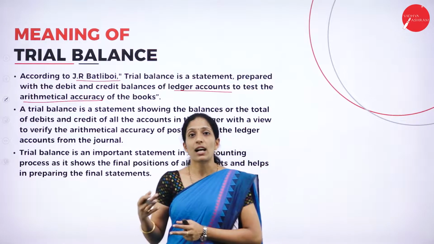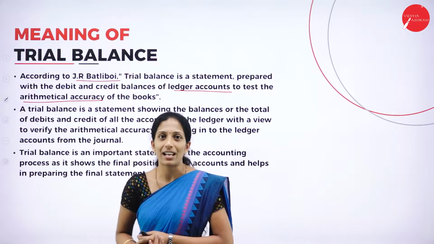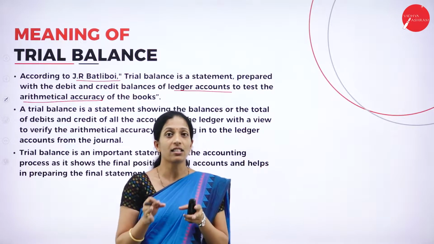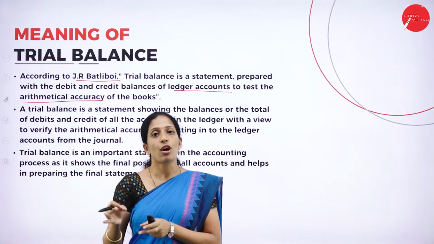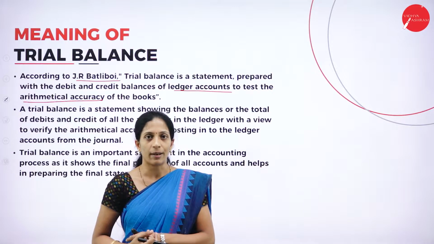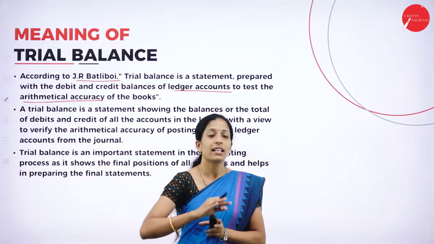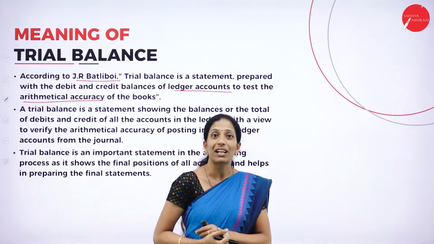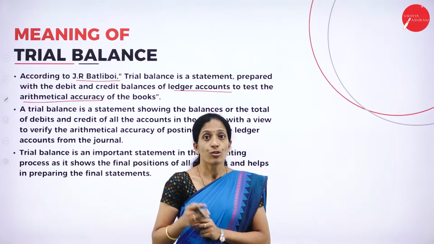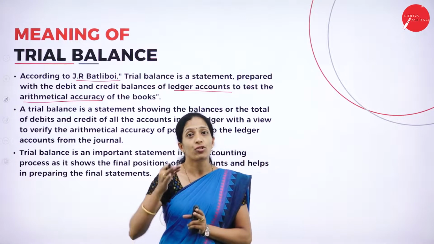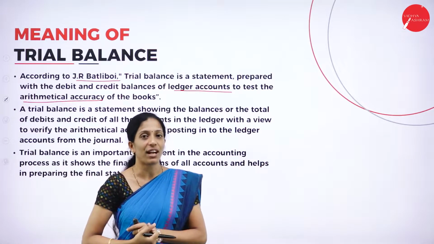Suppose our ledger account is not correct, then our trial balance will not get tallied. That is, the total of the debit column will not be equal to the total of the credit column. It is very difficult for an accountant if he doesn't check the accuracy and then prepares the financial statement at the end of the financial year, because any mistake made will be carried throughout the financial year.